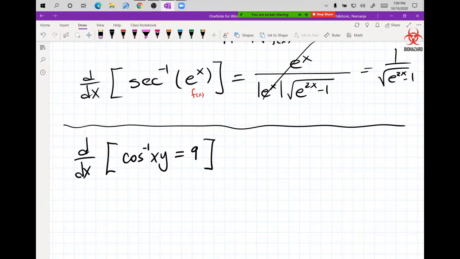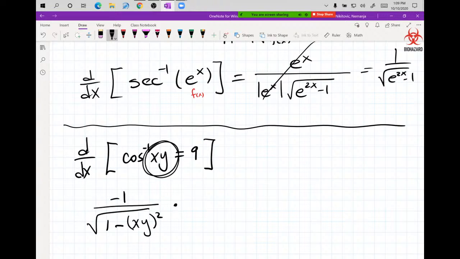The derivative of cosine is given as negative, right? So we have a negative 1 divided by, and now this is 1 minus, and instead of writing x squared, you have xy squared, because that is the chain rule. Now, times the derivative of this, and that would be a product rule.